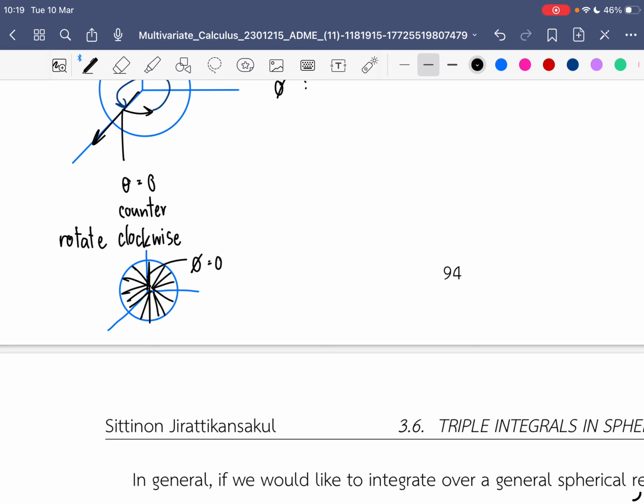This is when phi is 0. And then you keep opening in cone trace. So for example, when you open a bit more, your angle phi is going to be this guy. Okay, keep opening.